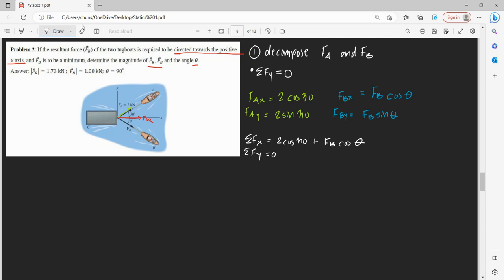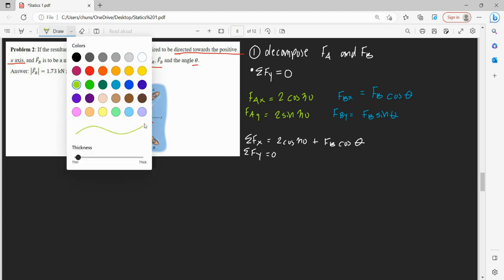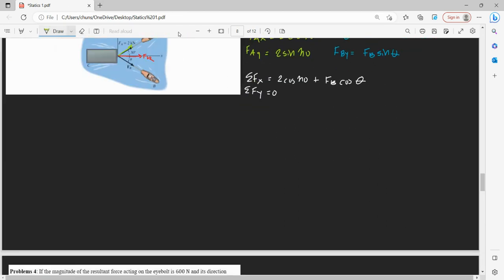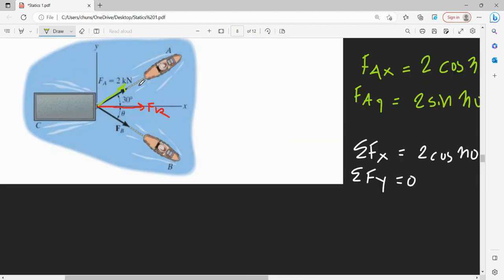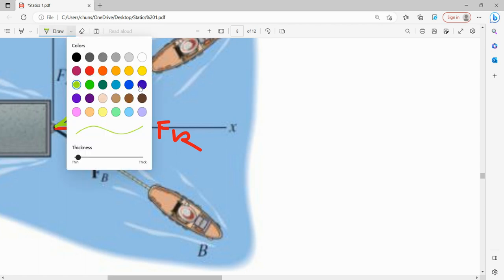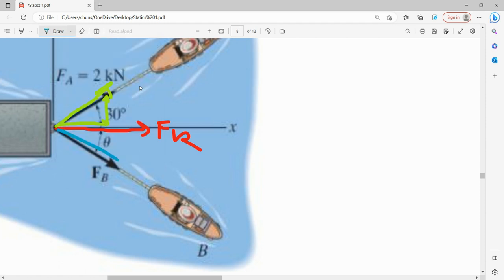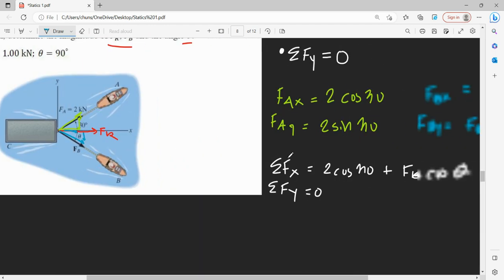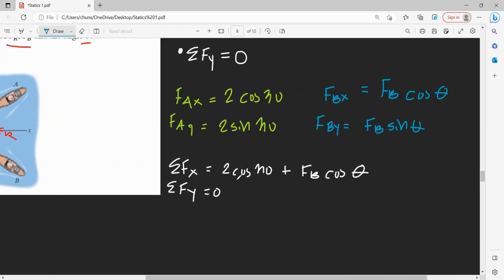So I'm just going to zoom in and draw the x and y components so you guys can see a little better. Right, so we know for Fa, we have positive x, positive y direction for our components, and for Fb, we have negative y, positive x direction. So, sorry, forgot to say that earlier when I was writing out the sums of them.